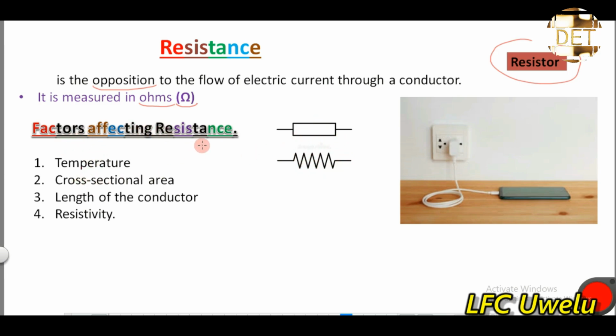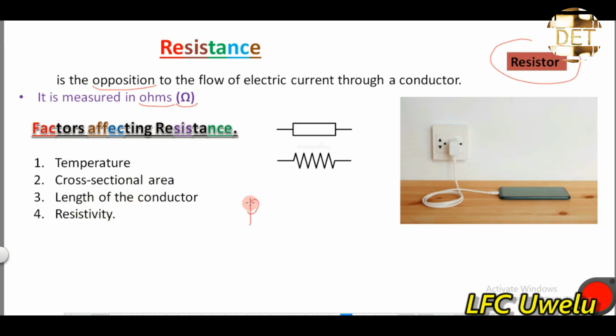Then the factors that affect resistance: there are four major factors that affect the resistance of a conductor. They are basically temperature, cross-sectional area, length of the conductor, and resistivity. So note these four factors. We're still going to look at them in another video. Before we move further, it's very important that you know there is a formula that connects the second, third, and fourth factors.